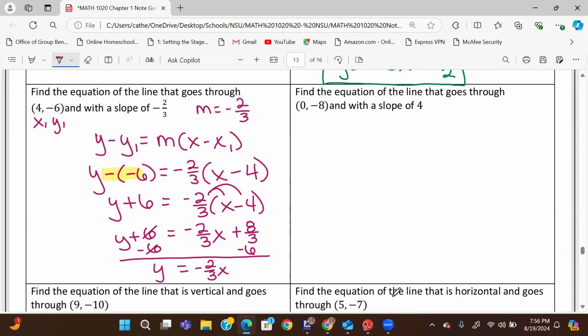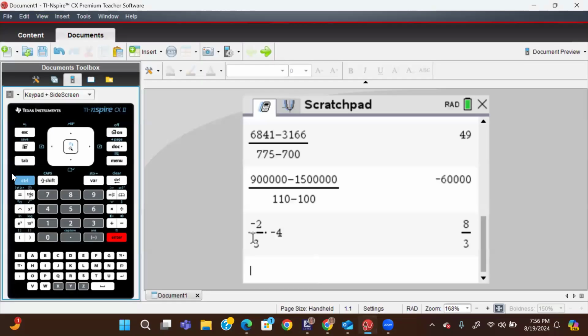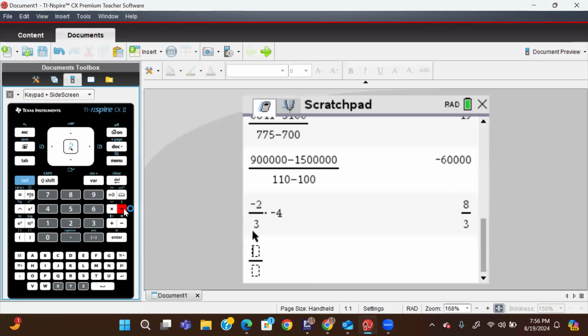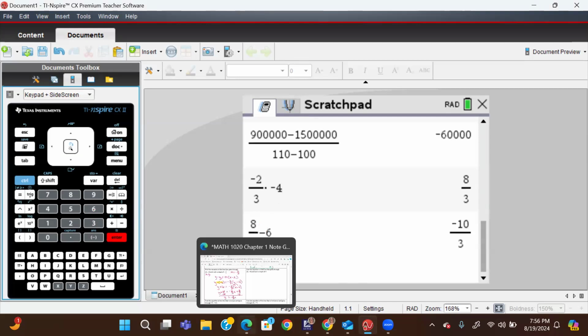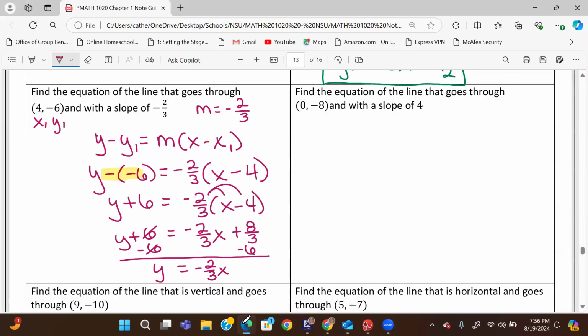I'm going to go back to the calculator. So I have 8/3, and it was -6. Not negative, but minus. And that gives me a negative or -10/3. Right? So that is the answer.